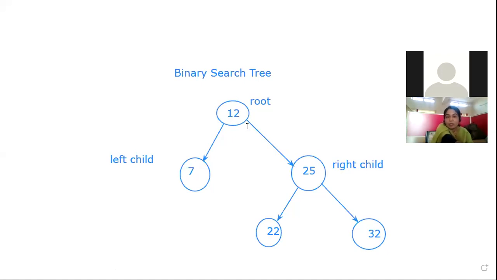Okay, so the immediate right child will be checked. So 25 is compared with the element at this position.